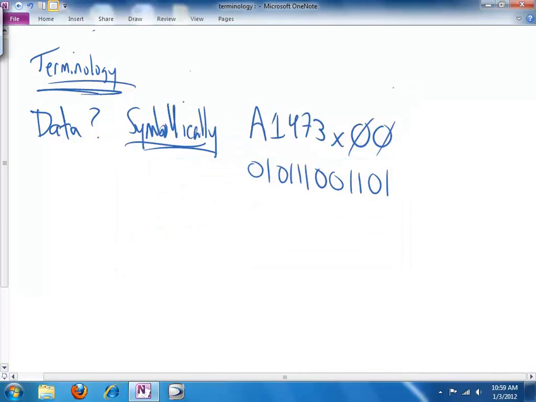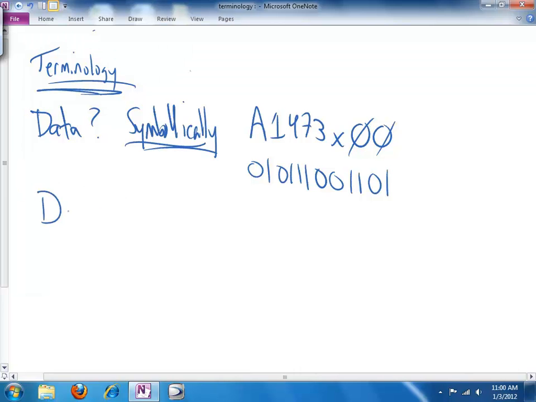Of course, computers deal more with symbols, zeros and ones, typically in binary computers, represented in main memory, represented magnetically on a hard disk, and so forth. Okay, so that may seem self-evident, but I think it's important to get out of the way.